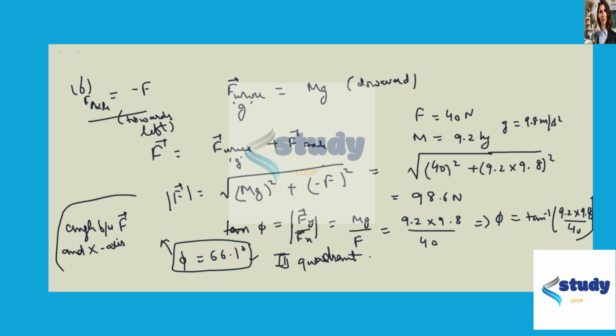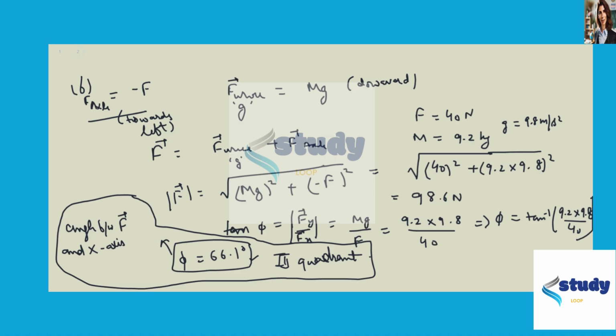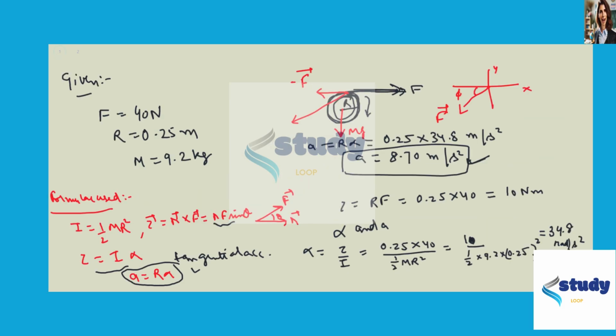So this gives us the whole direction of the force. The force is acting in the third quadrant, meaning that the force is acting this way and making phi angle with the x-axis.